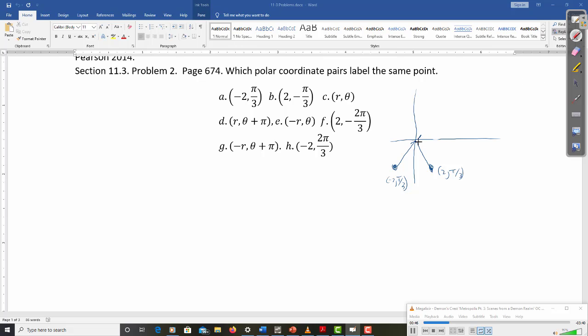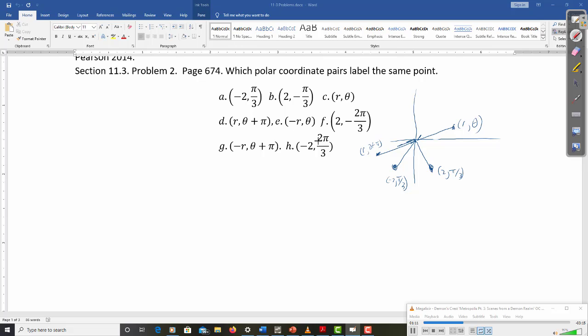So you can just draw that wherever you want. I will draw it over here: r, theta. Alright. Theta plus pi adds 180 degrees, so that means we're looking at this. That's r, theta plus pi.